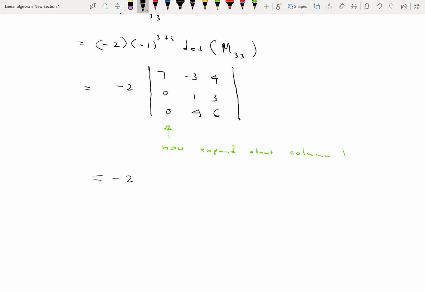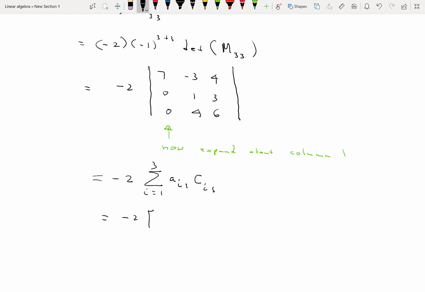So we're going to expand about the first column. So it's negative 2 times the sum of a_i1 C_i1, where i goes from 1 to now 3.